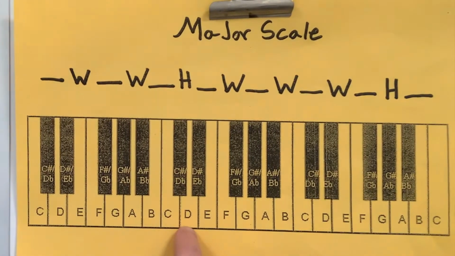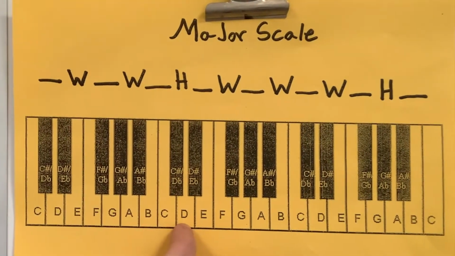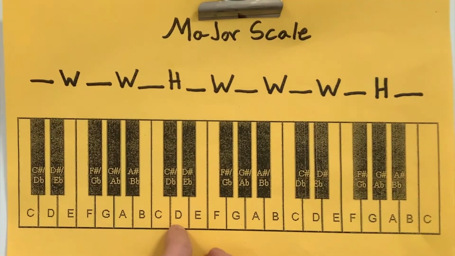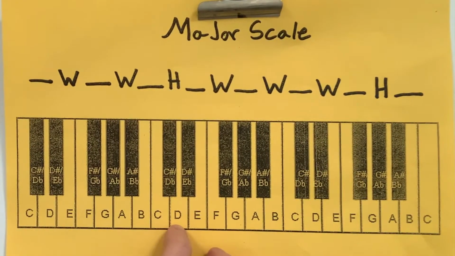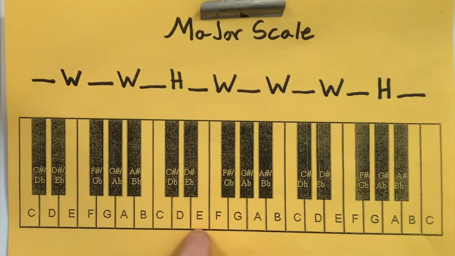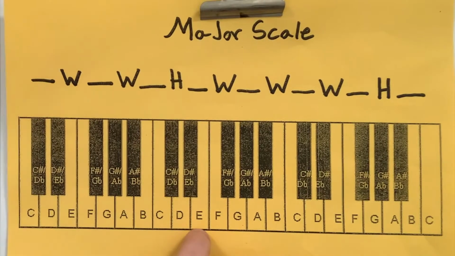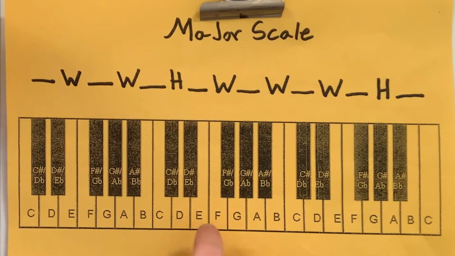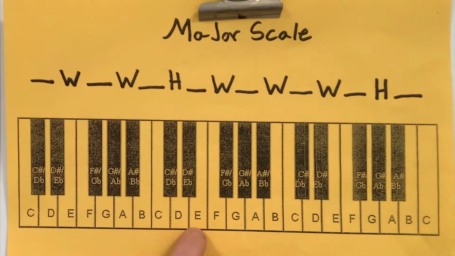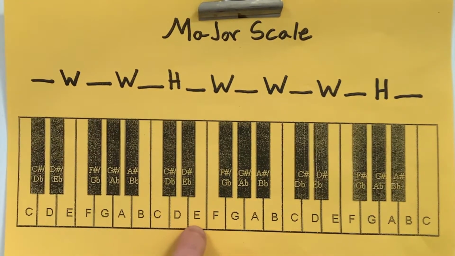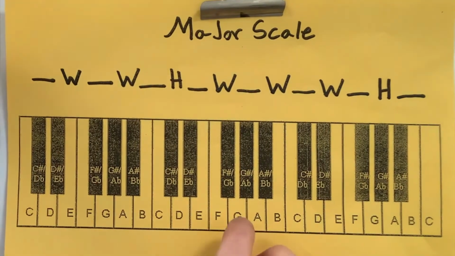Make sure that you are including the black keys and white keys when you move up 2 steps. So let's go 2 keys higher. 1, 2. A whole step equals 2 half steps. So those were our 2 half steps to make a whole step to get to the note what? E. Very good.